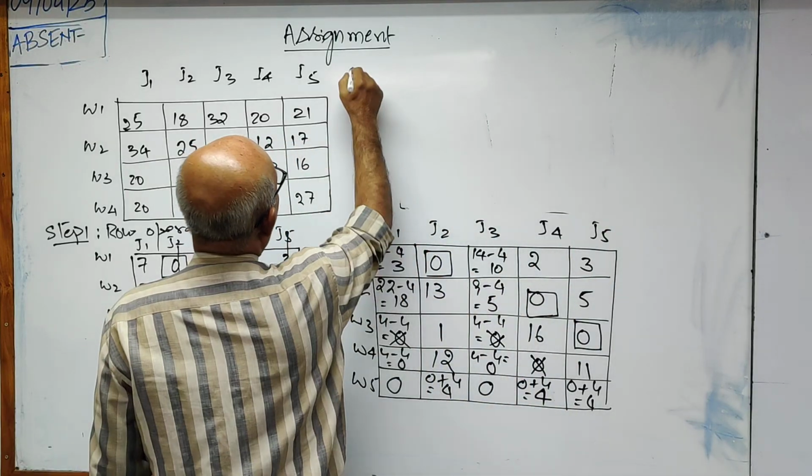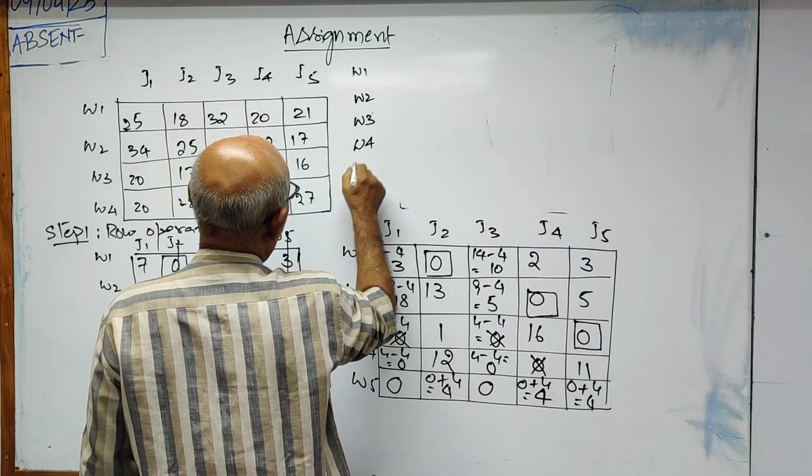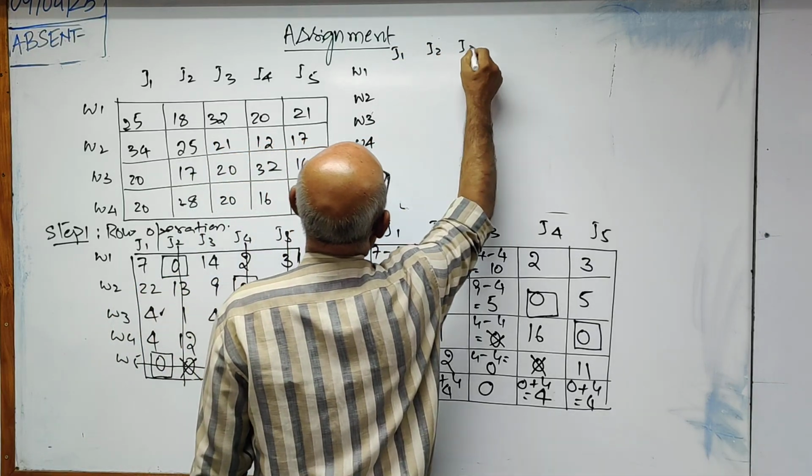Let us see here. W1, W2, W3, W4, W5. Job 1, job 2, job 3.